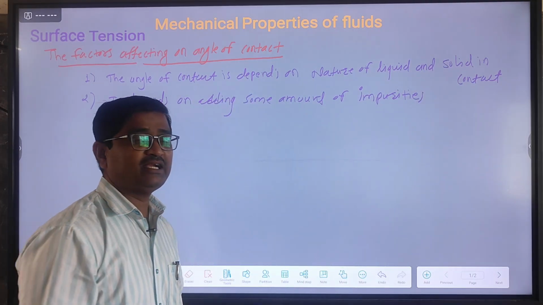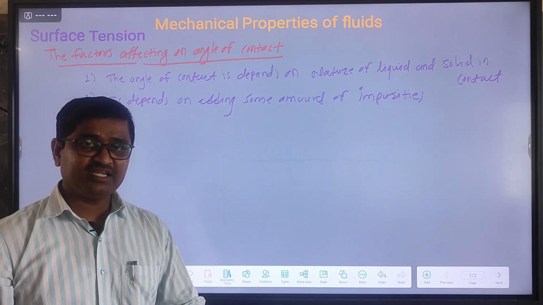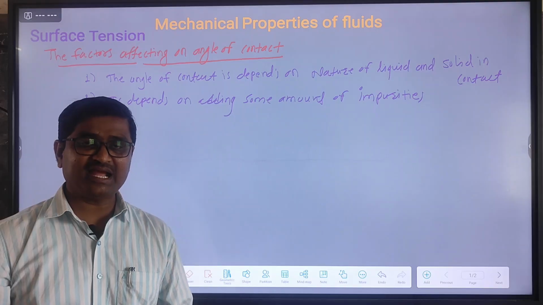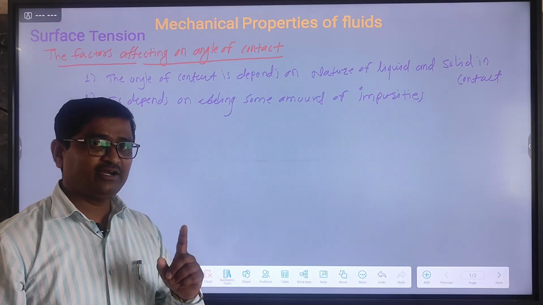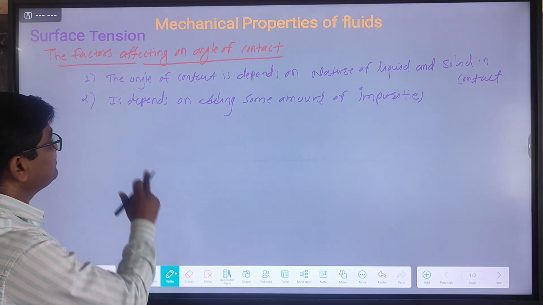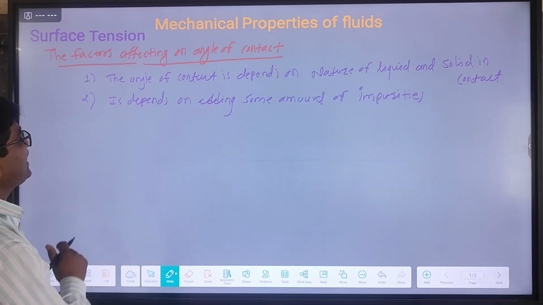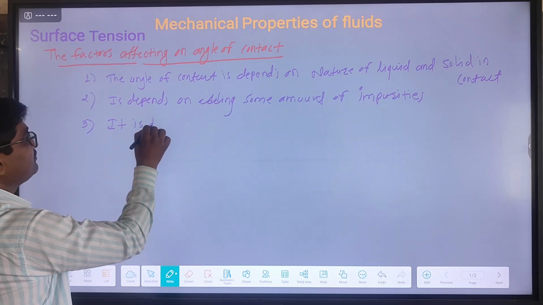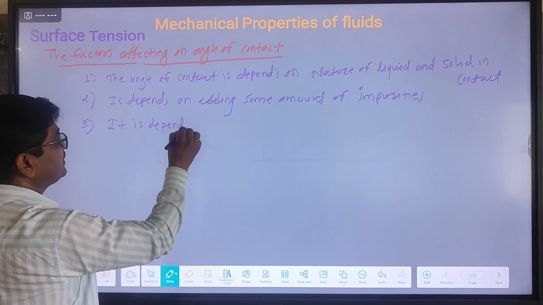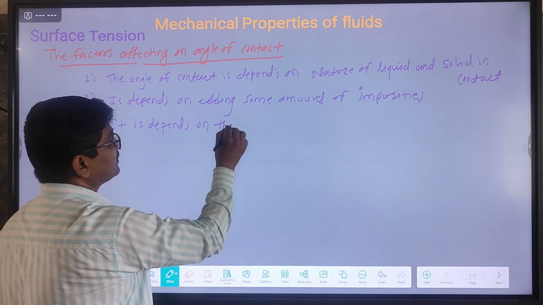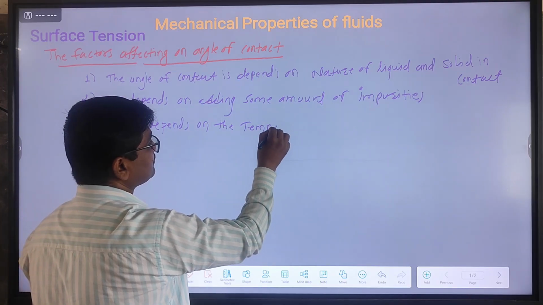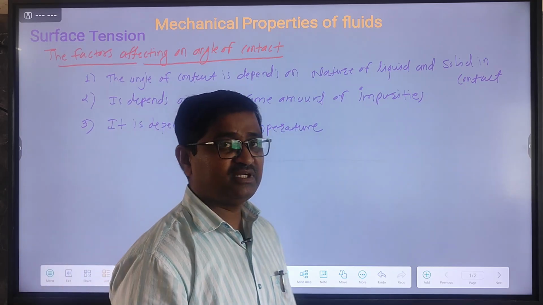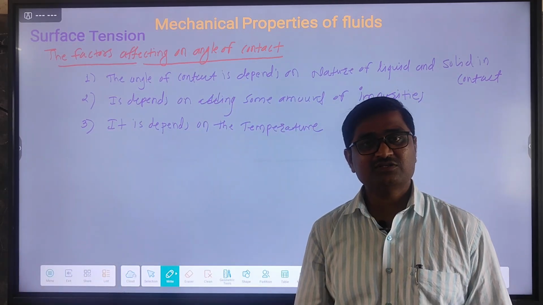If some amount of impurity, suitable or unsuitable, any type of impurity, is added to the liquid, the angle of contact also changes. And third, it depends on the temperature. If the temperature changes, the angle of contact also changes.